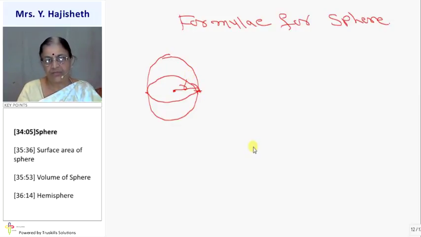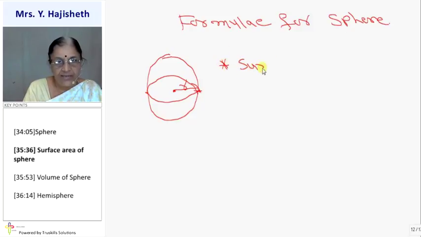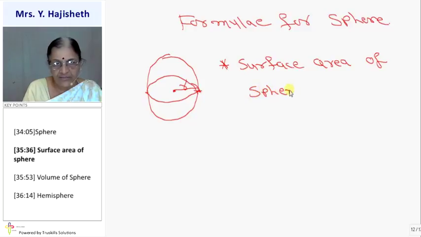Here there is no difference between lateral surface area and total surface area. Okay, so here there is only one surface area, there is no lateral and total. Surface area of sphere is same as lateral surface area of sphere.